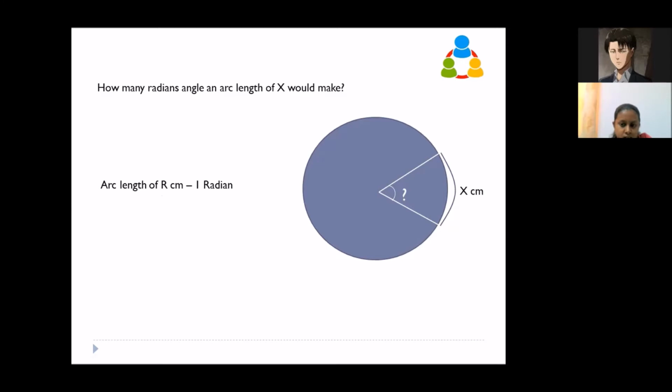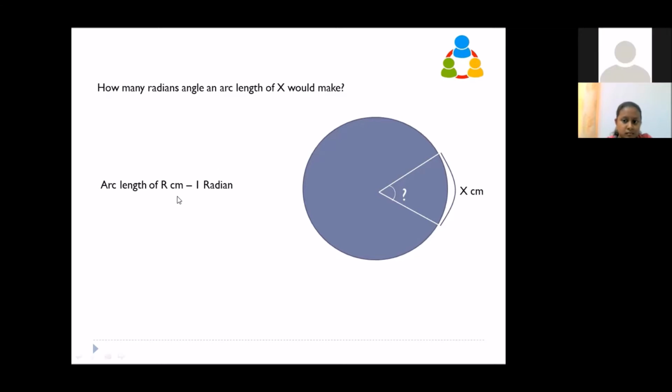What do we do? R centimeter makes 1 radian. We want to see how much x centimeter will make. What do we do? Unit value. We do unit value, that is 1 centimeter.